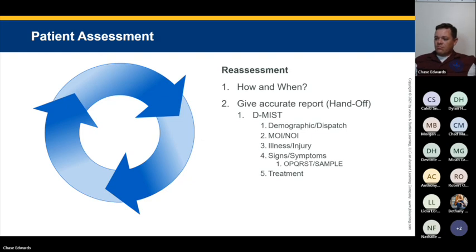He had Kussmaul respirations, breathing real rapid and deep. His skin was warm and dry. His pulse was rapid. He said he takes insulin. He missed his insulin shot today.